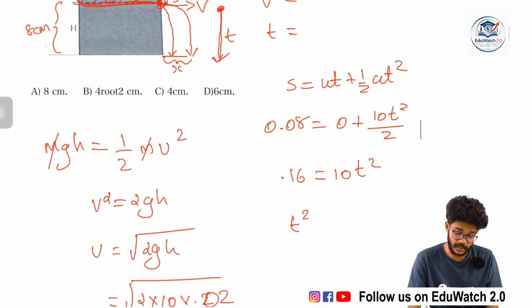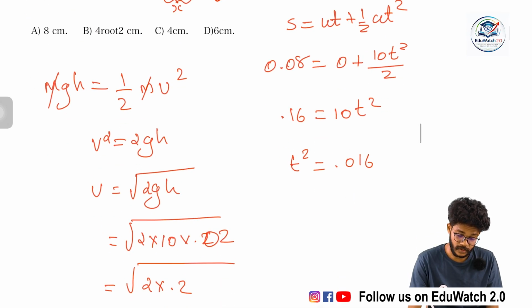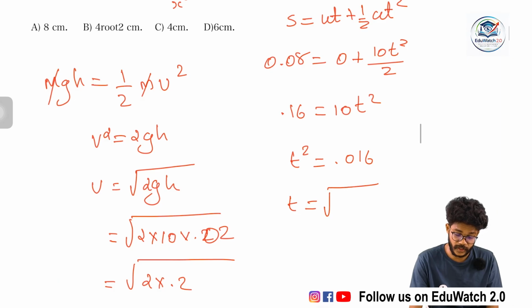t square is equal to 0.16 divided by 10, 0.016. So t is equal to root of 0.016.